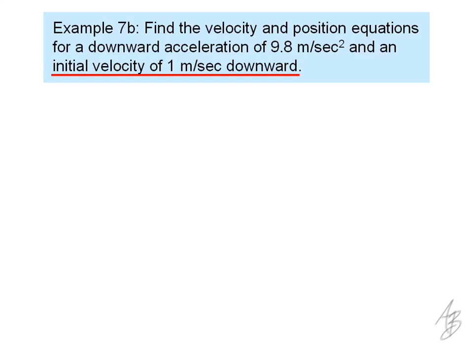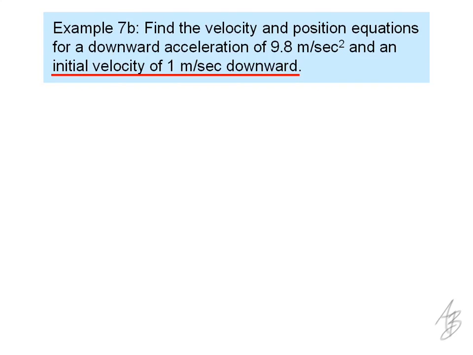Why might downward being positive be advantageous in this problem? Vimmel? Get rid of the negative signs? Yeah, we get rid of the negative signs, exactly. So we have a downward acceleration, and we have an initial velocity that's downward, so everything's going down. So if we make downward positive, everything's going to be positive.